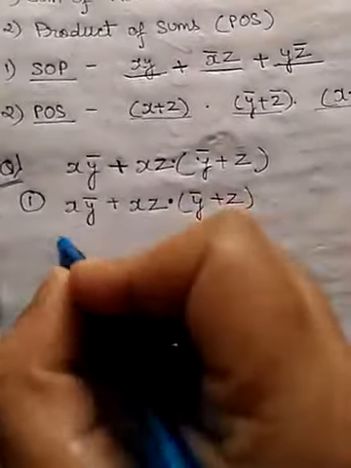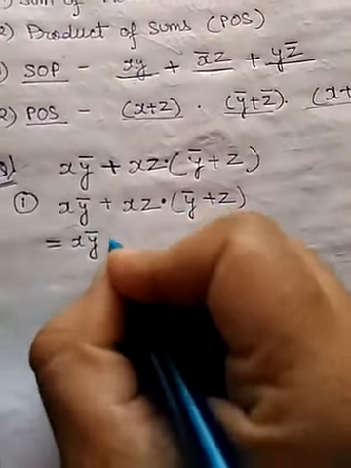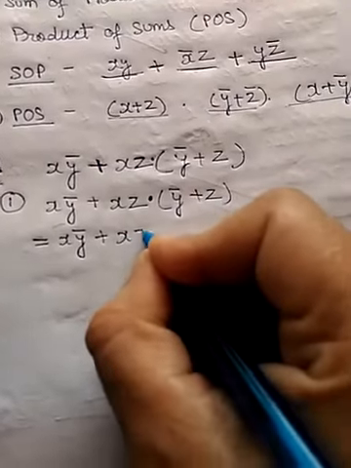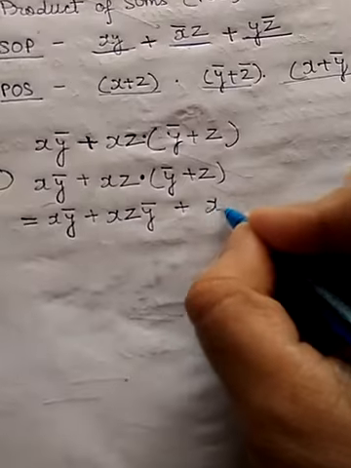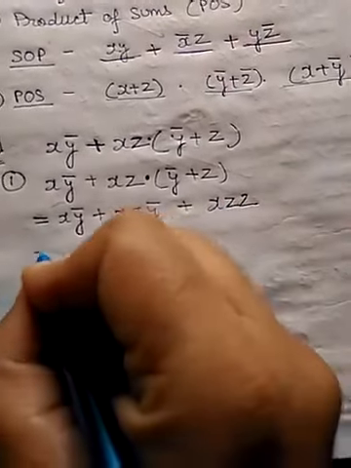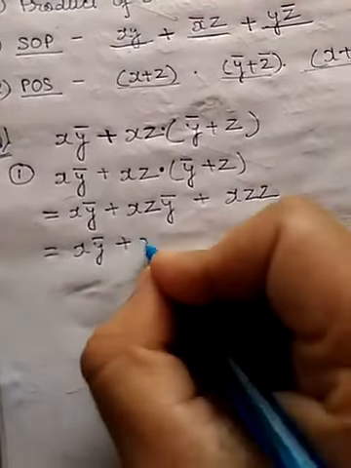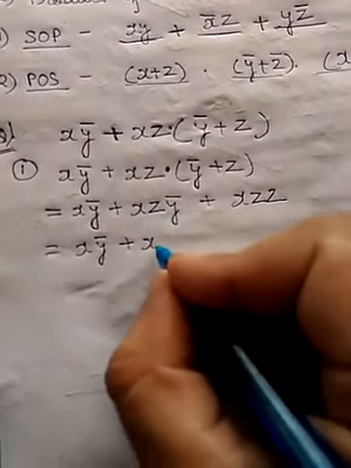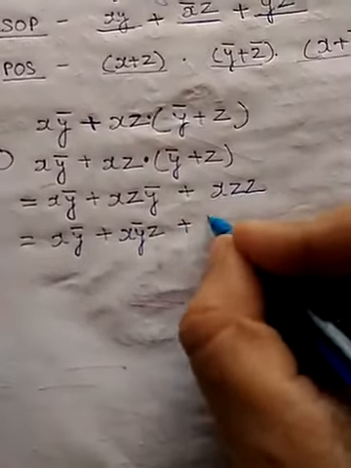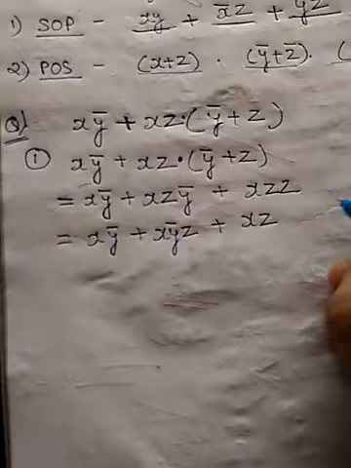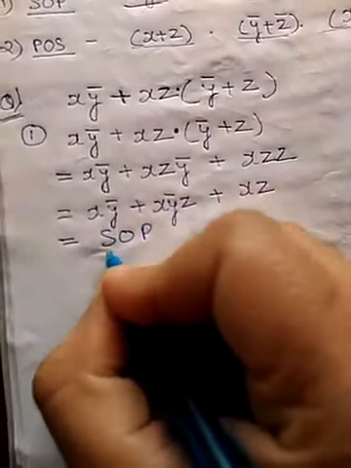So here we will get xy naught plus xzy naught plus xzz. It is xy naught plus, arranging the terms, xy naught z plus z into z is z. Look at this. Now you have reached sum of product.